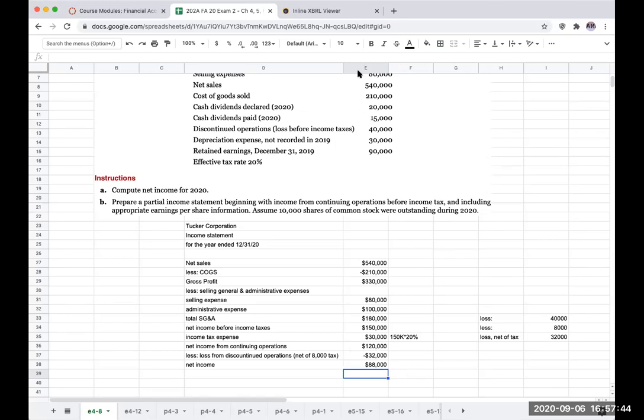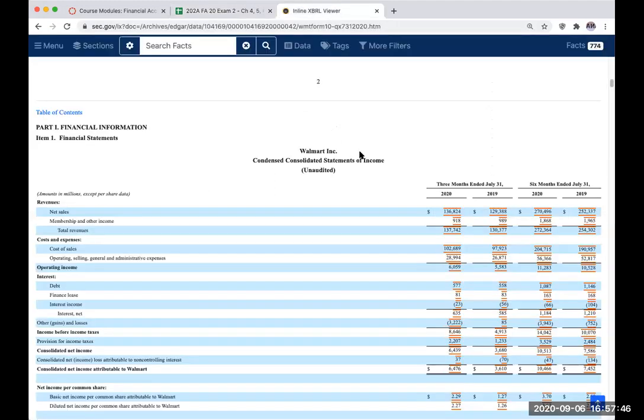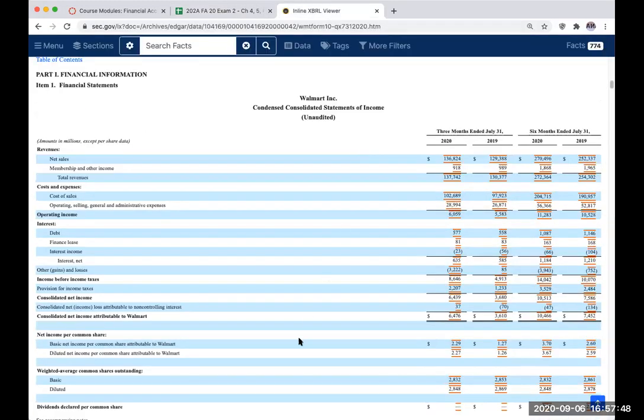Okay, so one of the things that I never really did in my financial accounting courses is that I never went through here and spent time on this bottom part of the financial statement, which is really talking about your net income on a basic and diluted basis. And what exactly does that mean?